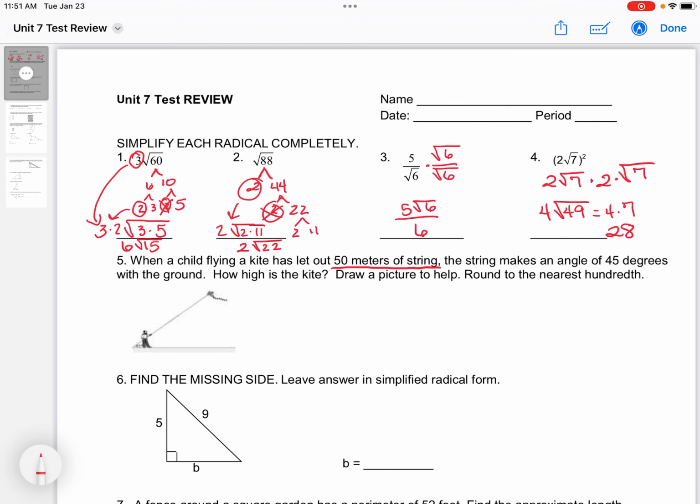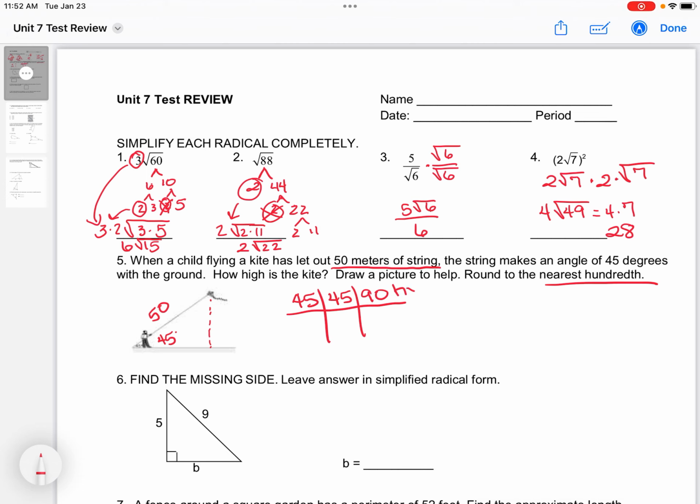Okay, so my string is my hypotenuse. It makes a 45. So I'm going to do a 45, 45, 90. And I'm rounding.